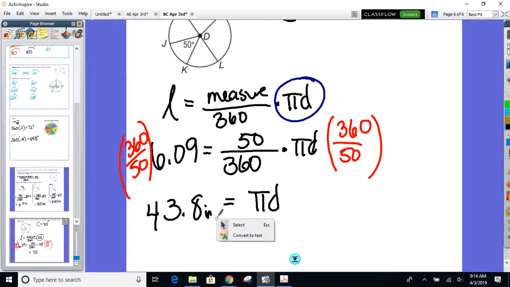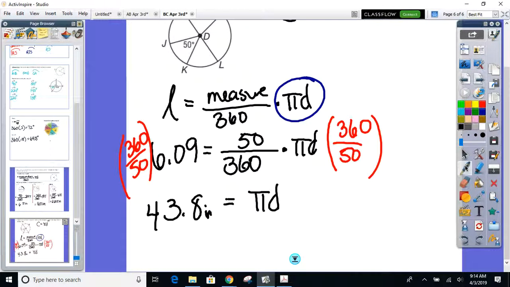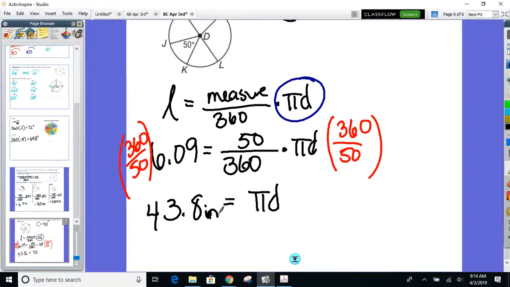Now again, you guys that wanted to solve for the diameter, you can, right? You can divide by pi, but then what are you going to end up doing when you plug it in the formula? Multiplying it by pi, so you're kind of just going around in a, no pun intended, a circle there, all right? 43.8, all good? You are good.